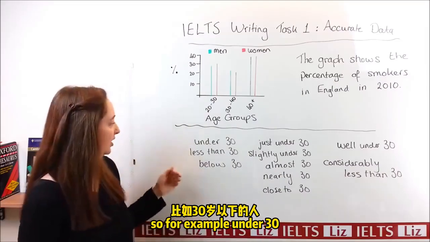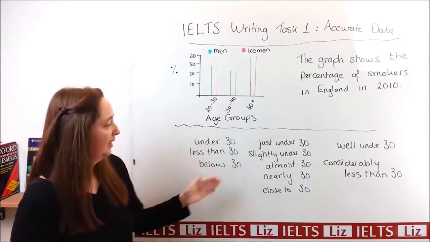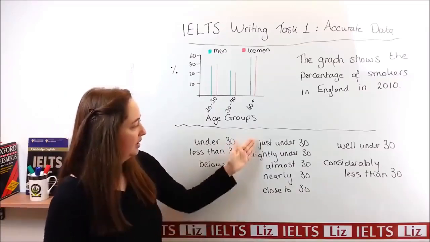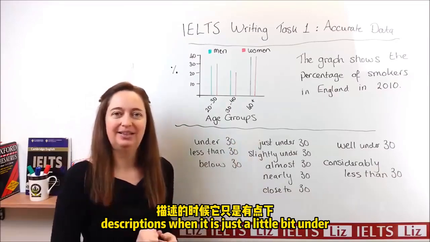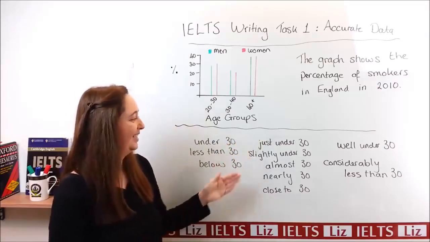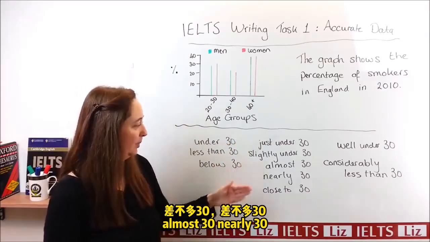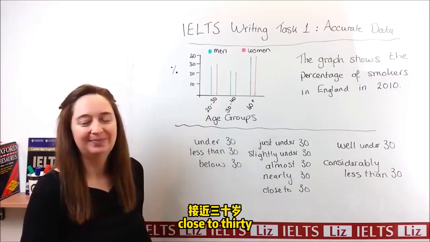So for example, under 30, less than 30, below 30. Here we've got descriptions when it is just a little bit under. So for example, just under 30, slightly under 30, almost 30, nearly 30, close to 30.